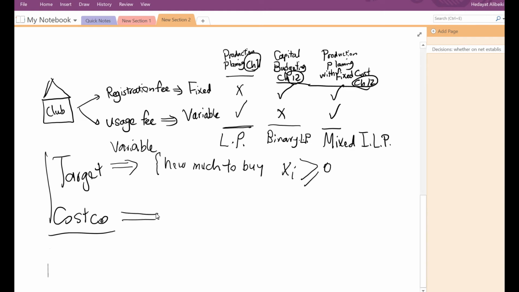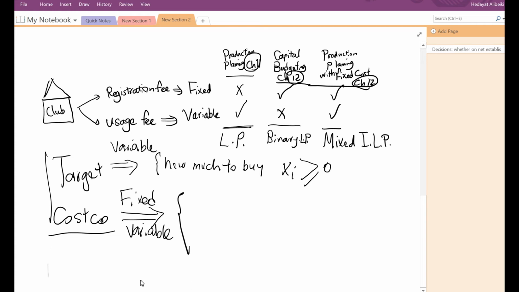But if you go to Costco, for example, there are two sorts of costs that you have to pay. There is a fixed and variable cost. The fixed cost is the membership cost, and the variable cost depends on how much product you buy from them.